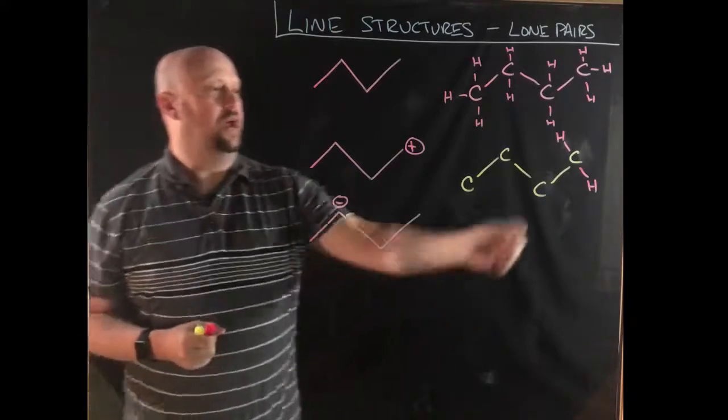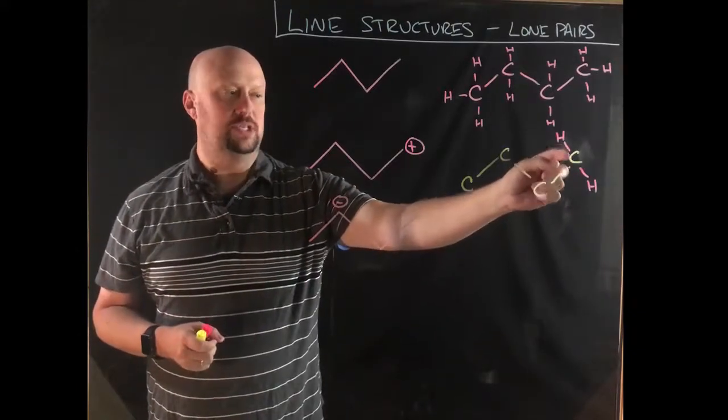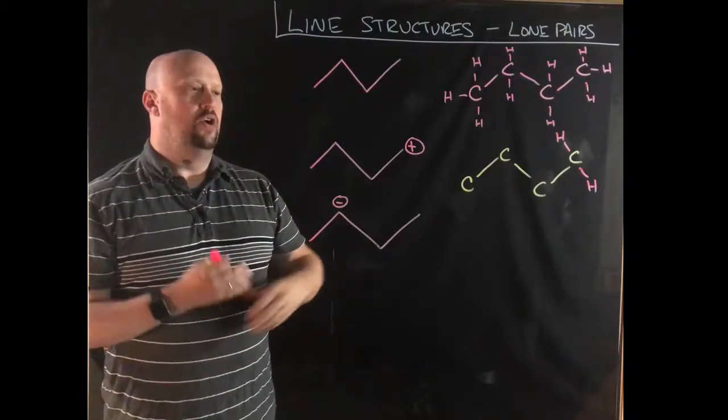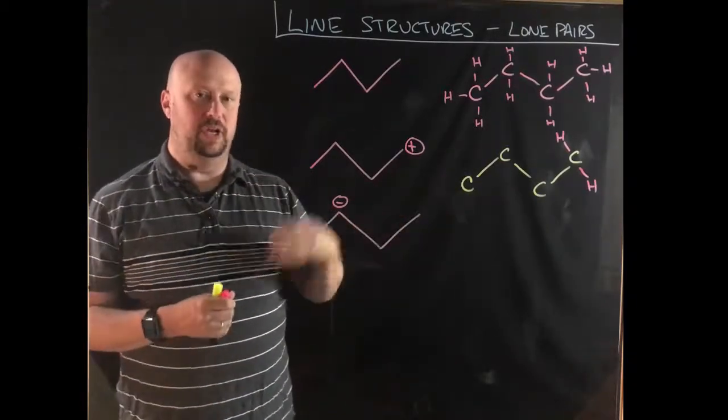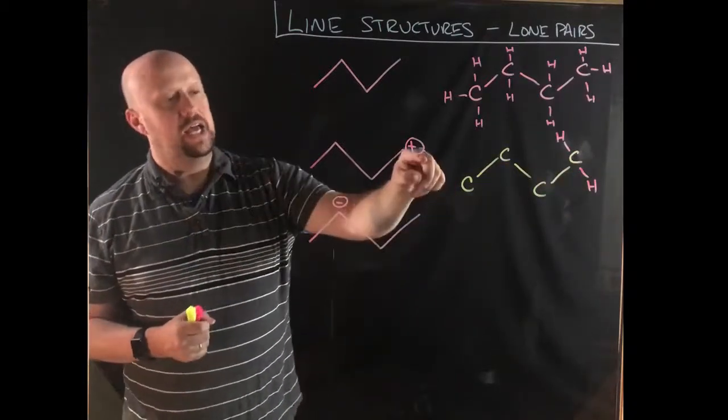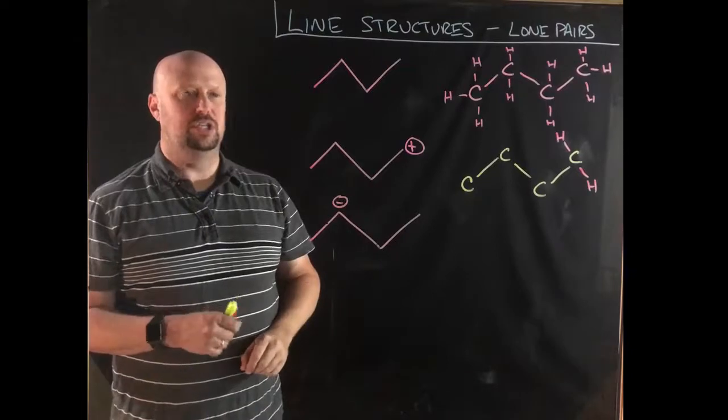How do I know that? 1, 2, 3 bonds, each of those gets a share of 1. 4 minus 3, the 4 that it normally has minus the 3 that it has given here, gives it that formal charge of positive.